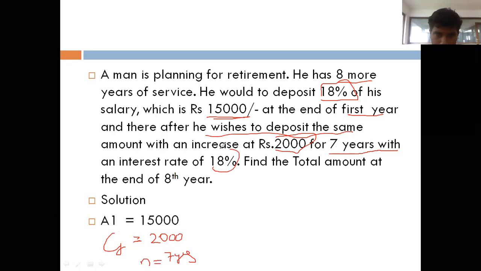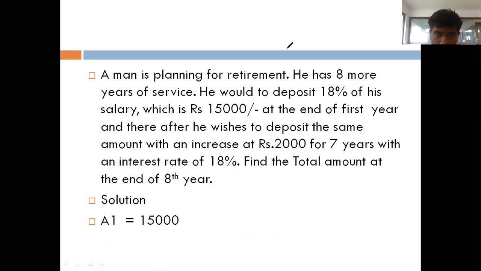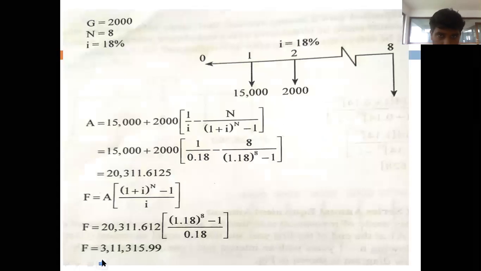With the rate of interest for 7 years, i is 18%, 0.18. So what is the total amount at the end of 8 years?